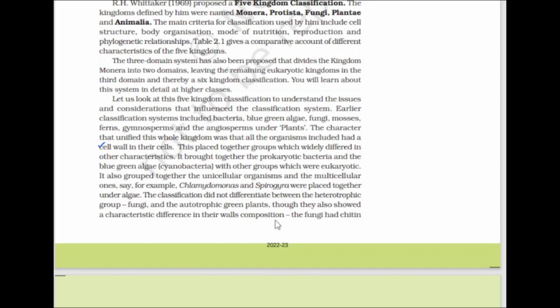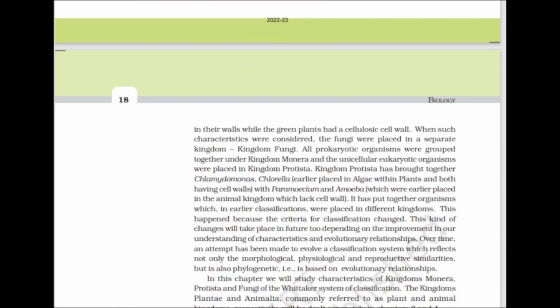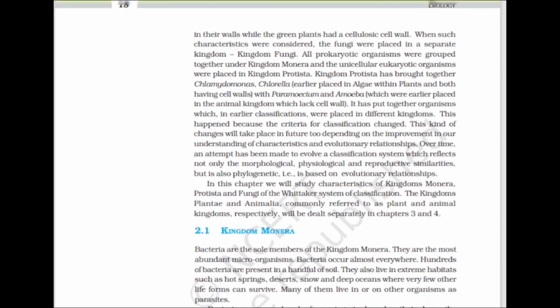Though they also showed a characteristic difference in their cell wall composition, the fungi had chitin in their cell walls, while the green plants had a cellulosic cell wall. When such characteristics were considered, the fungi were placed in a separate kingdom called kingdom fungi. All prokaryotic organisms were grouped together under kingdom Monera, and the unicellular eukaryotic organisms were placed in the kingdom Protista.